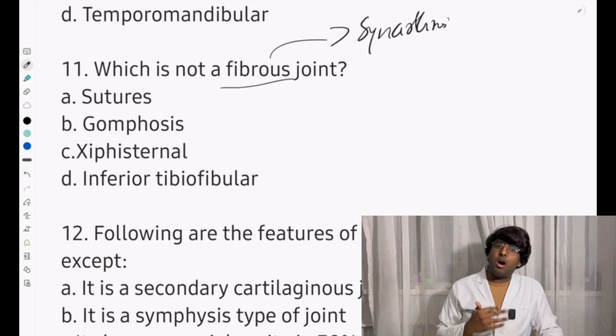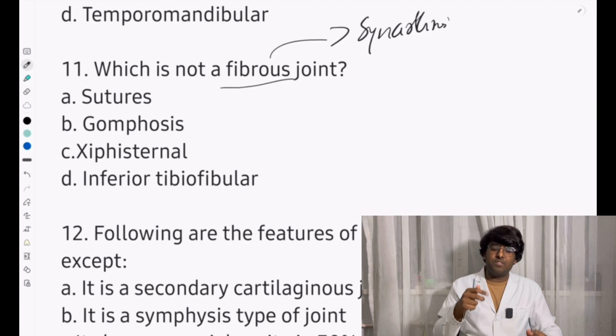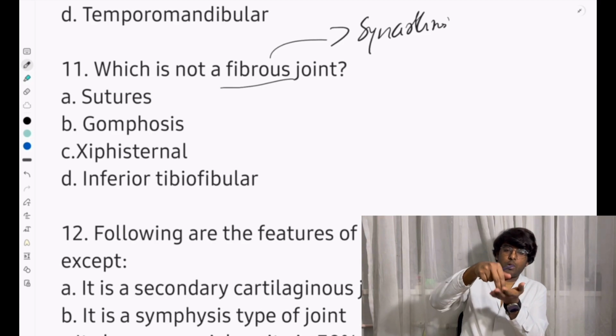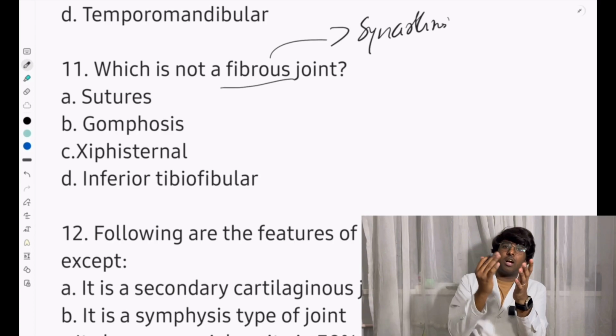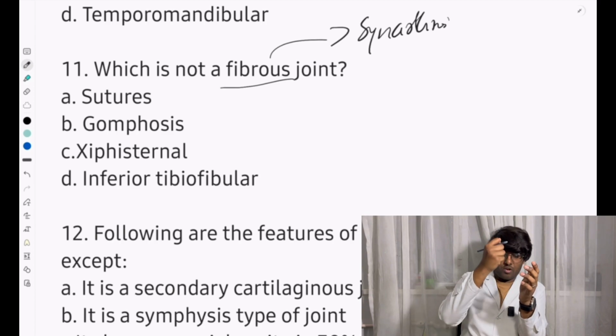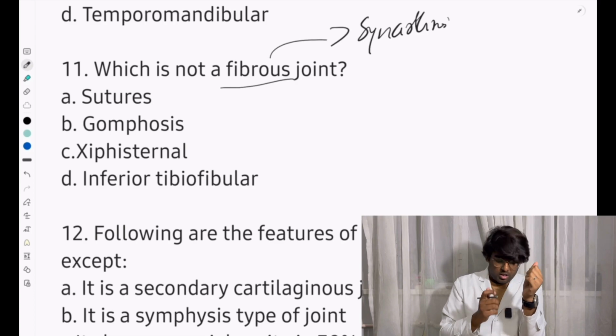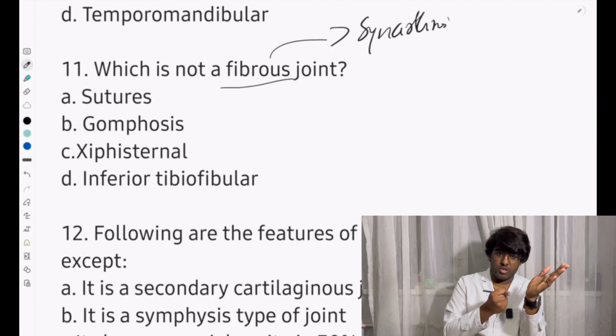And gomphosis, I have already told you, is a fixed joint found between the teeth, holding the teeth to the gum with the help of the periodontal ligament. Okay, this ligament is immovable and they are fixed to each other.